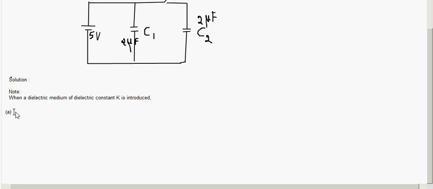When a dielectric medium of dielectric constant K is introduced in an isolated capacitor, isolated meaning not connected with the battery, then the total charge on the capacitor remains the same.